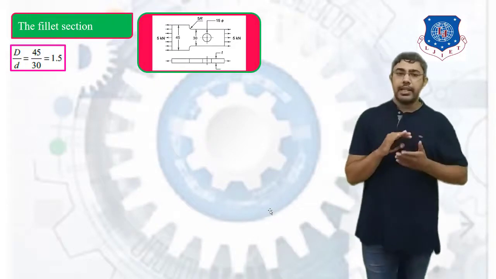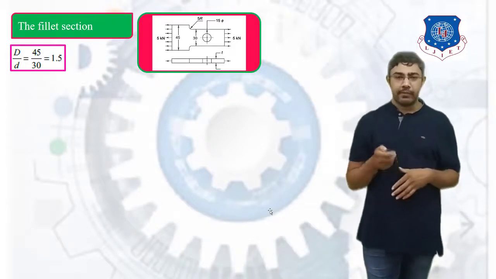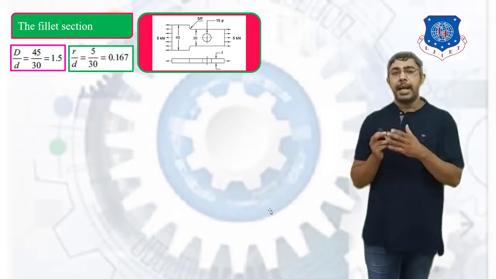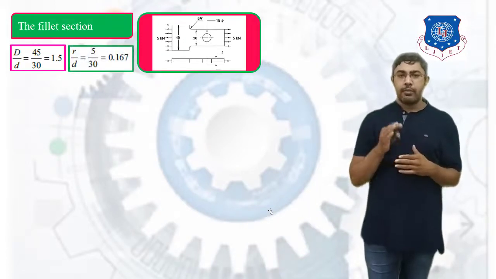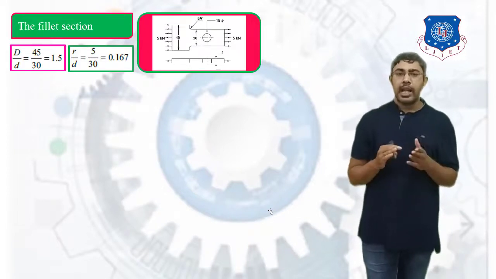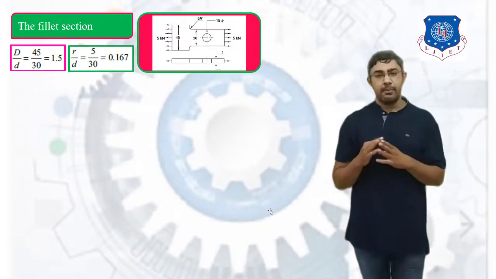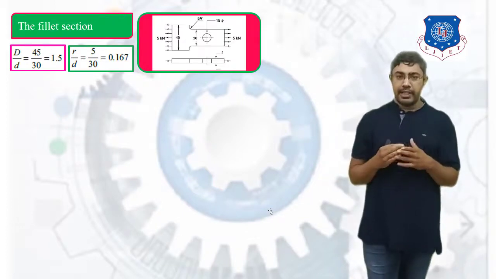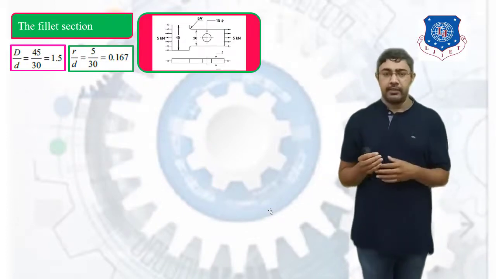So the capital D by small d ratio is 1.5, and we also need the small r by small d ratio. From the figure, small r is 5 mm and small d is 30, so the r by d ratio is 0.167.